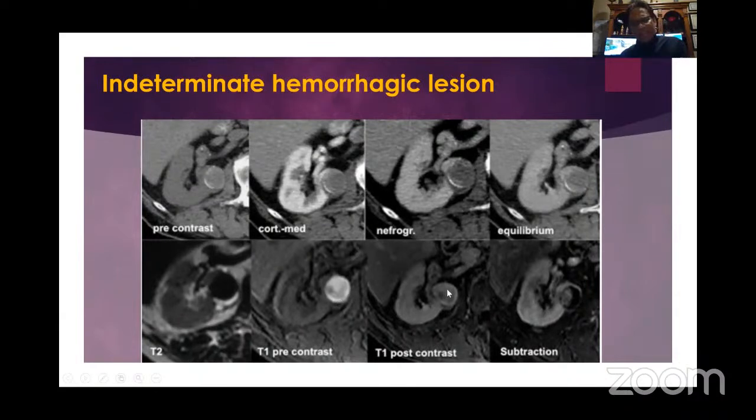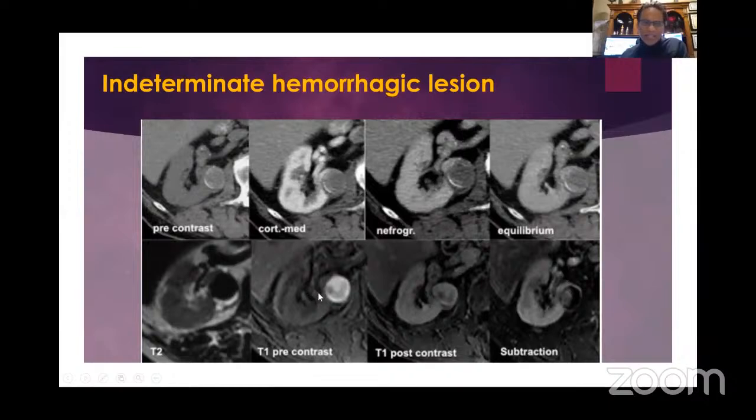With IV contrast, you cannot exactly determine whether this is contrast or the hemorrhage within the lesion, but when you do subtraction, you can see this ugly nodule within this cyst, which was a papillary renal cell carcinoma, which would have been difficult to diagnose either on the CT images or non-subtracted images.